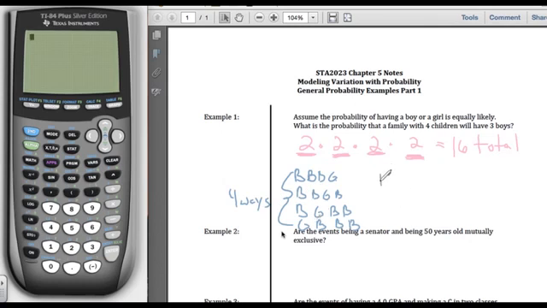So to find my probability of 3 boys, we can say those 4 ways out of the 16 total, that's 1/4 or 0.25. There's a 25% chance that they would have 3 boys if the family has 4 children.